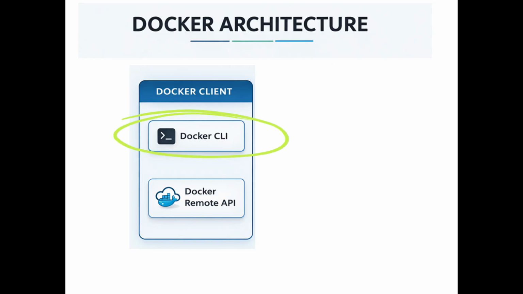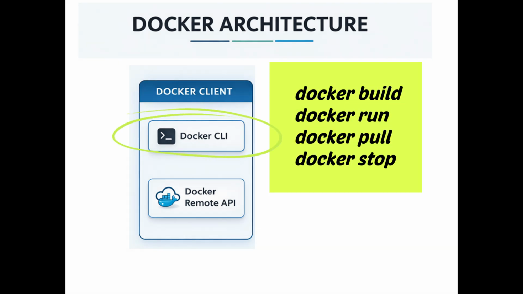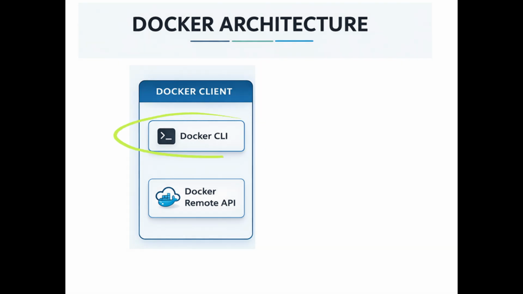Using Docker CLI, we can run commands like docker build, docker run, docker pull, docker start or stop. If you have already worked with tools like Git CLI, AWS CLI, kubectl, the Kubernetes CLI, then Docker CLI will feel very similar. Most developers use Docker CLI in their daily development and deployment process.